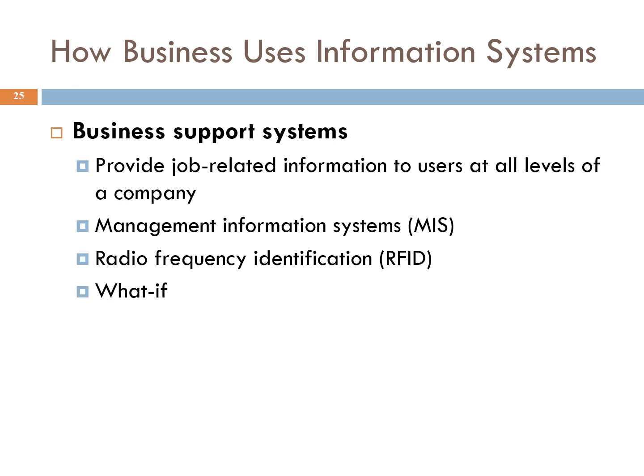Business support system provides job-related information to users at all levels of the company. For example, management information system, radio frequency identification system. So business support system holds a lot of information for the company.